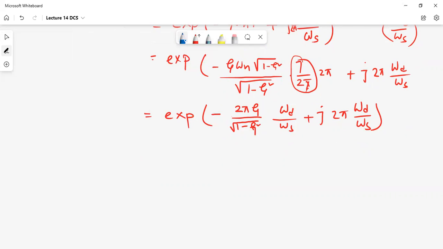This is your real part, related to the magnitude, and this is your imaginary part.